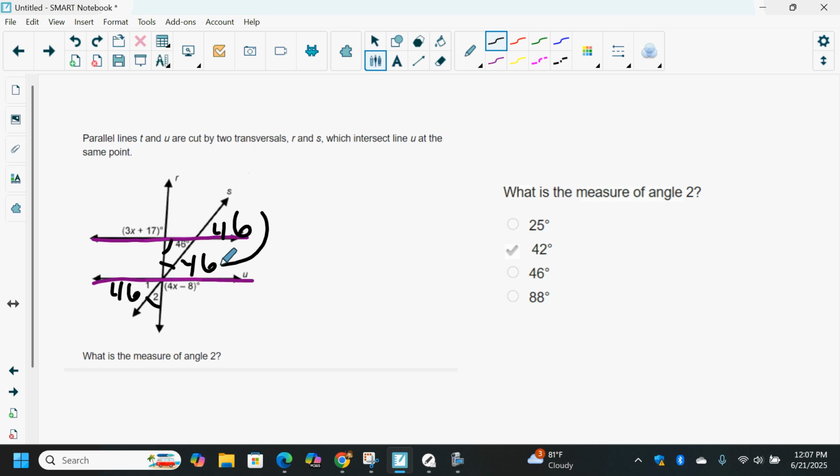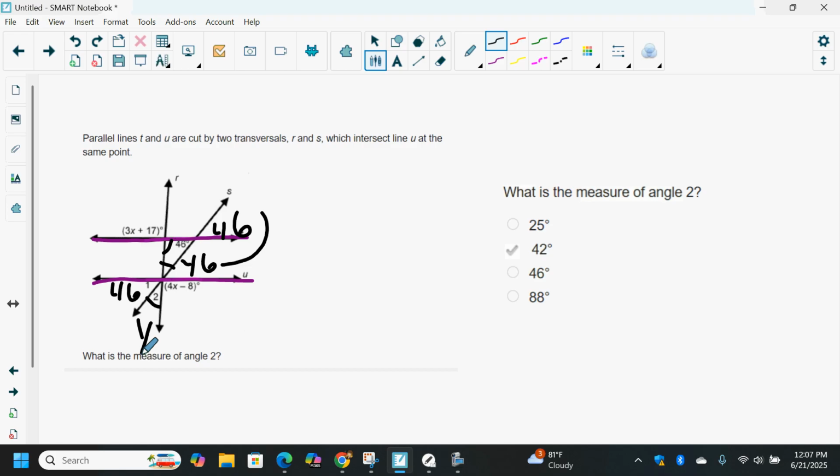Let's make angle 2 y. This one's kind of tricky. I know that angle 2 has to be congruent to the vertical angle across from it. I know that these three angles here have to equal 180. So let's figure out what x is.